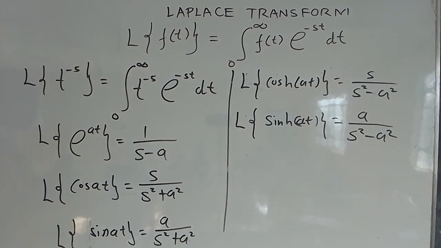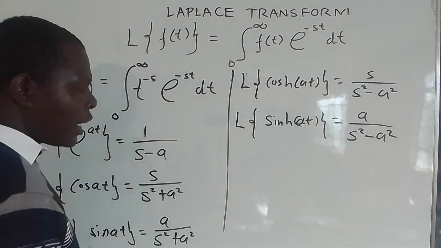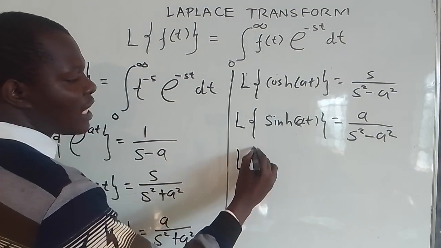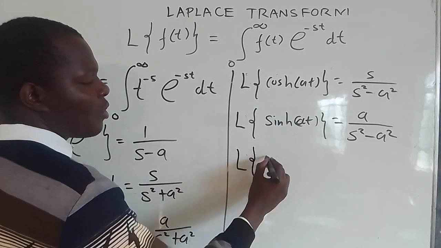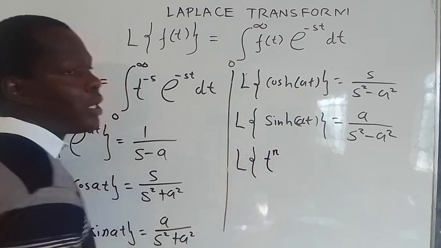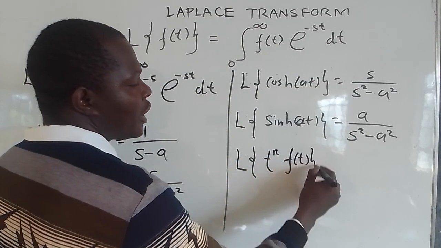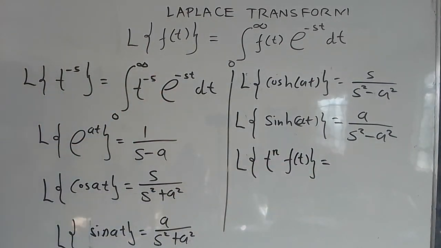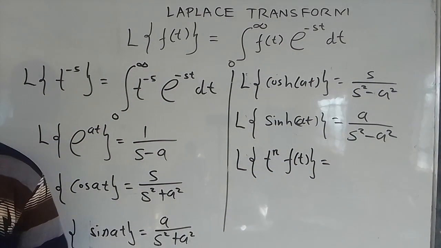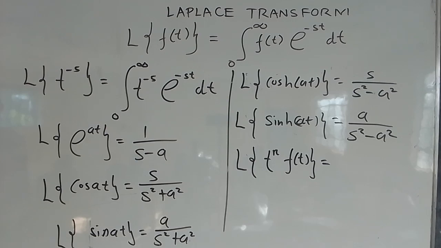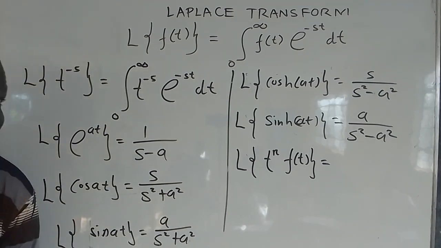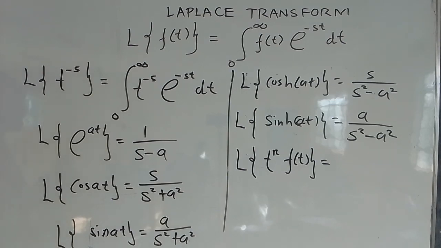Then after that you went ahead and you found out that the Laplace transform of t^n f(t), a product of a polynomial function t raised to power n and f of t, where f of t can be any function, isn't it? It can be an exponential, it can be a trigonometric, it can be hyperbolic, it can be any function.